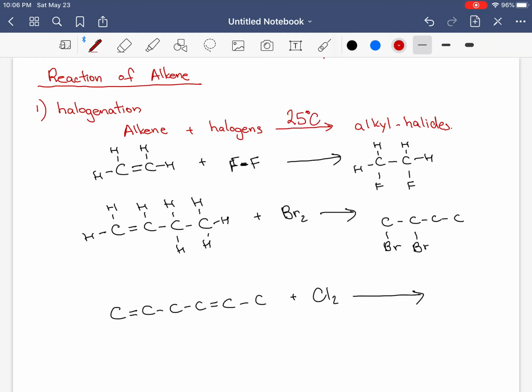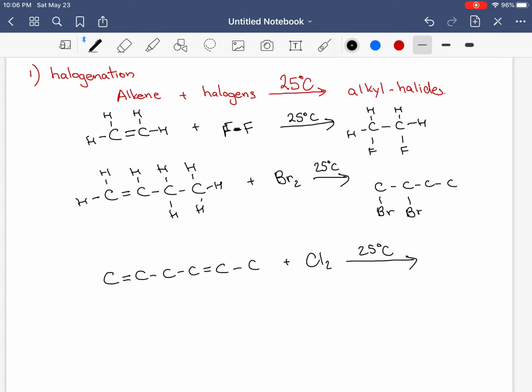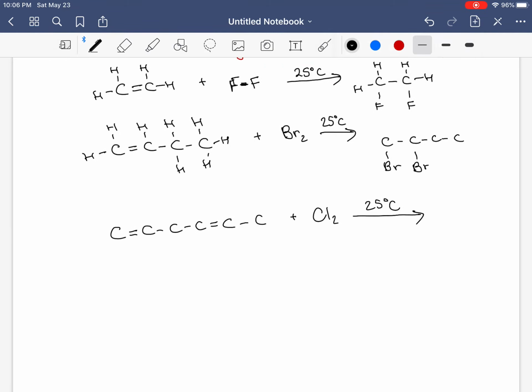In order for this to work, 25 degrees Celsius has to be maintained. So I guess I should really put this down, because if I don't, you have to think that this reaction will not occur. All right. So you have 1 mole of this guy.